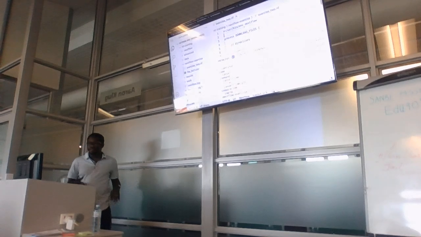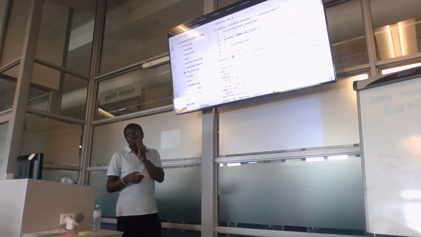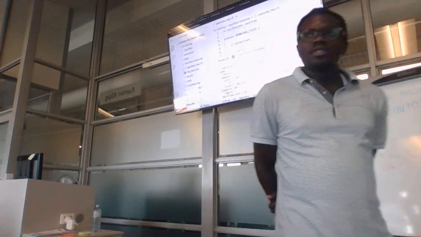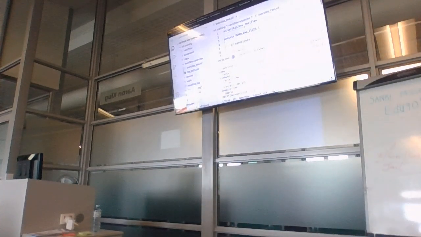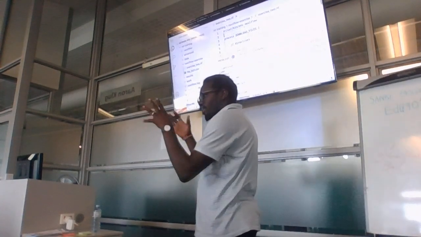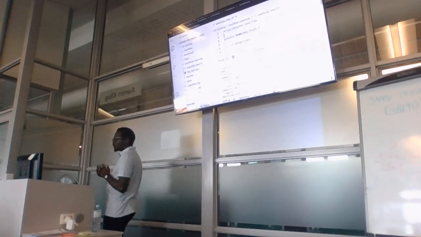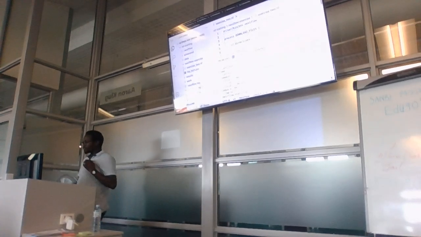So the first line tells the interpreter it's a Nextflow script, and the process is downloading the files. And then you have your directives block, your input block, your output block, your script, and finally you have the workflow block.